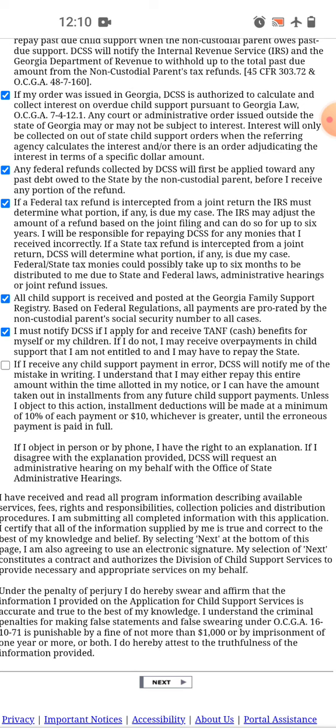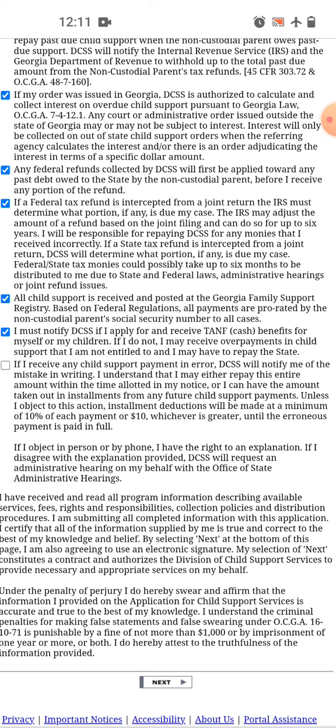If I receive any child support payment in error, DCSS will notify me of the mistake in writing. I understand that I may either repay this entire amount within the time allotted in my notice, or I can have the amount taken out in installments from any future child support payments.